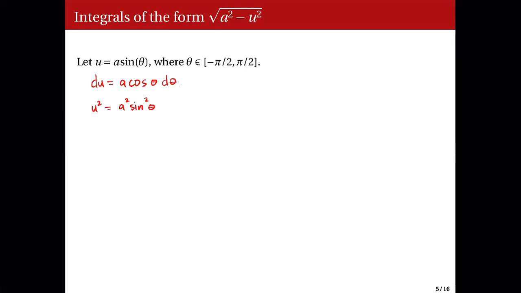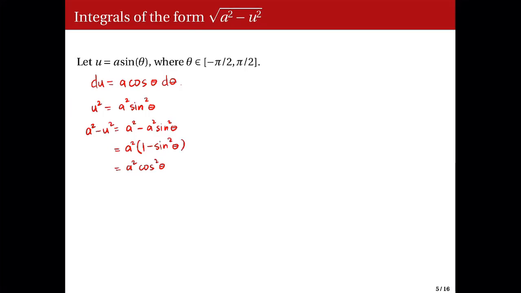And if you find a squared minus u squared, you will have a squared minus a squared sine squared theta. You can factor out a squared, so you will have a squared times 1 minus sine squared theta. From here, you will get a squared cosine squared theta.